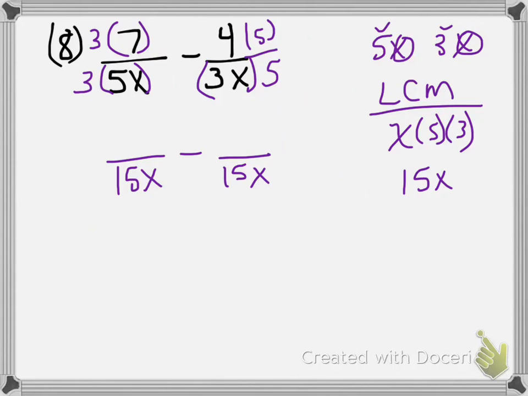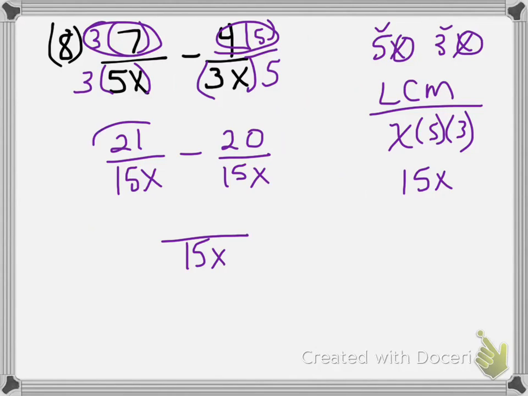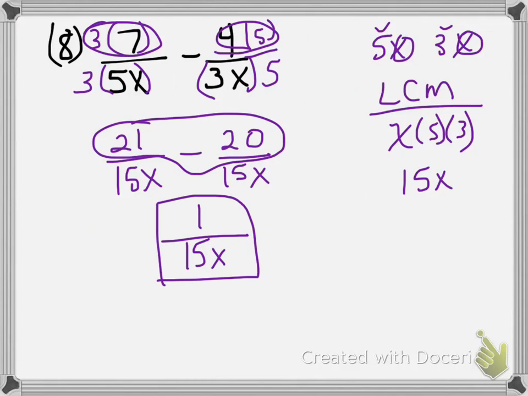So that gives me 21 over 15x minus 20 over 15x. Now that I have the same denominator, I keep the denominator 15x, and I'm going to subtract my numerators. 21 minus 20 is 1, so my solution is 1 divided by 15x.